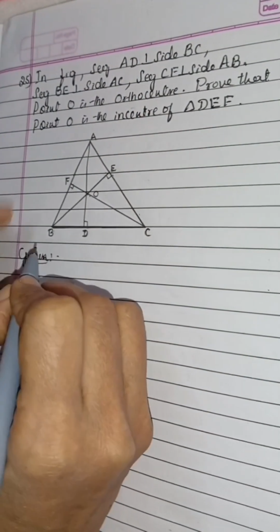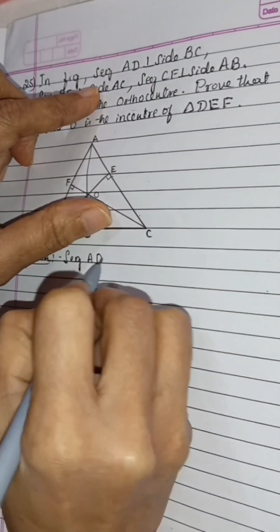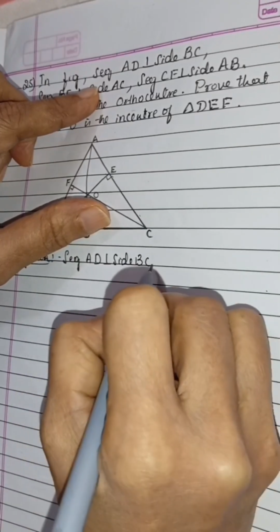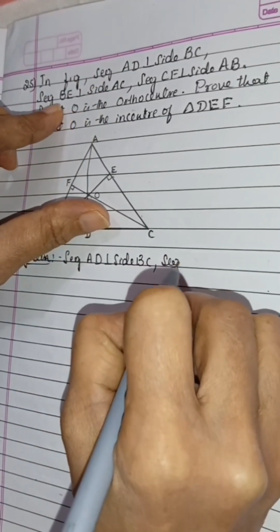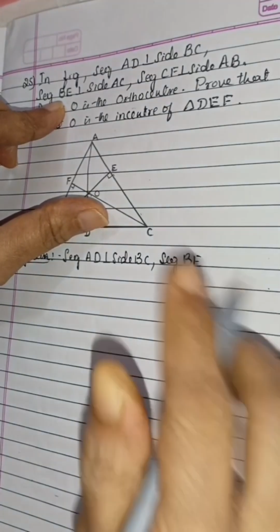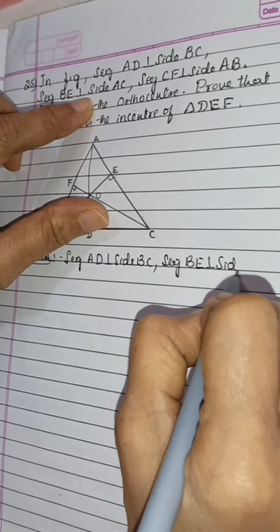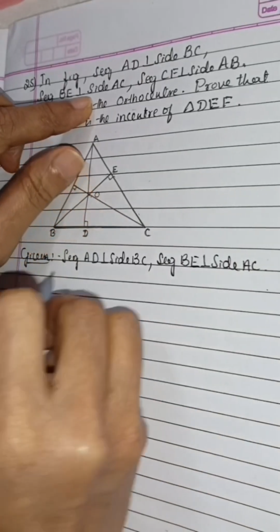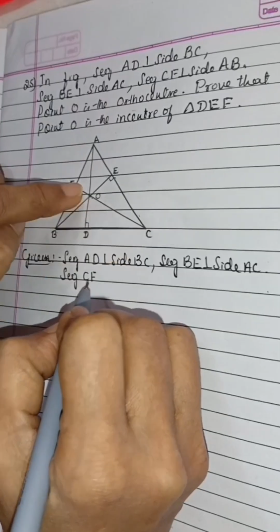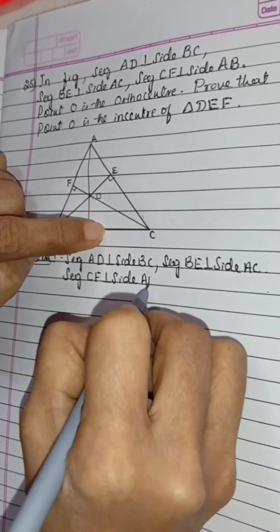Easy to write given, no? So first write given, that is segment AD perpendicular to side BC, and segment BE perpendicular to side AC, and segment CF perpendicular to side AB.